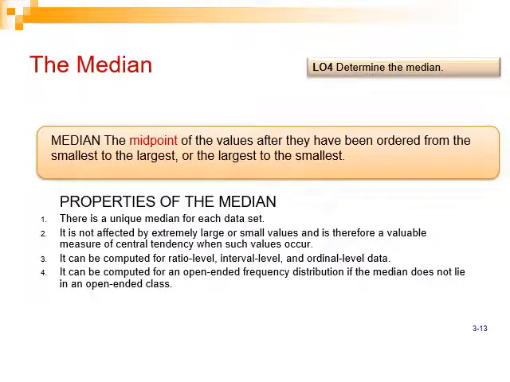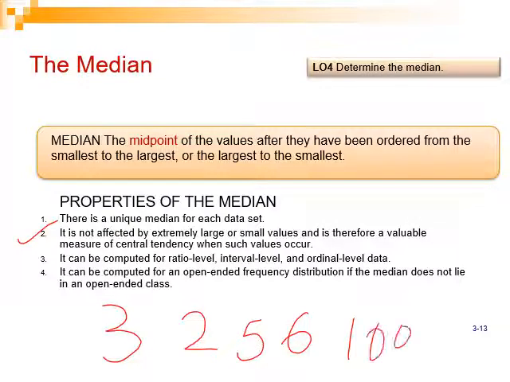What does number two mean? Please concentrate. Say we have the values 3, 2, 5, 6, and 100. Now we order these values: 2, 3, 5, 6, and 100.